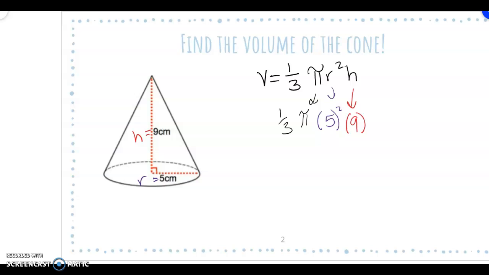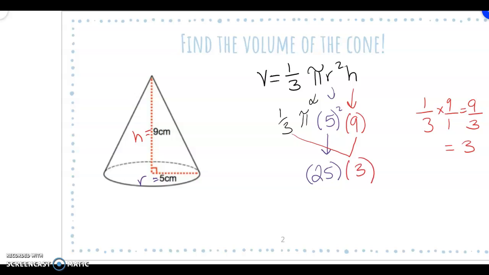And I know that 5 times 5 will give me 25. And what I'm actually going to do is I'm going to take 1/3 and 9 and multiply them together. Meaning I'm going to cross multiply so I get 9 over 3, which is actually going to give me 3.